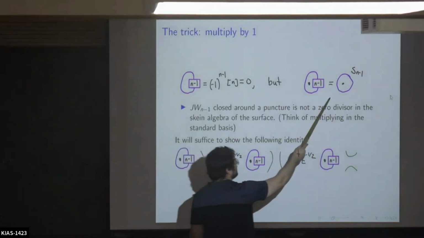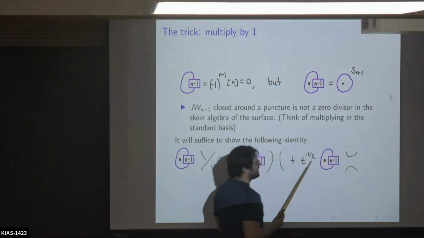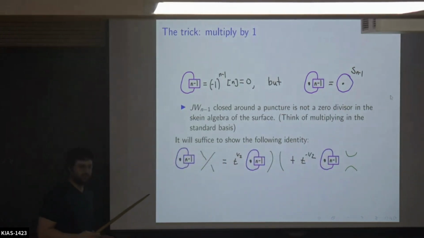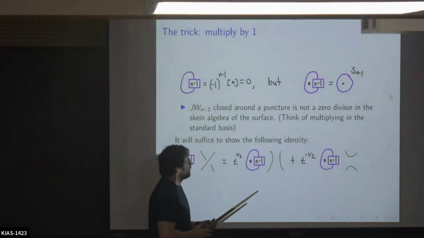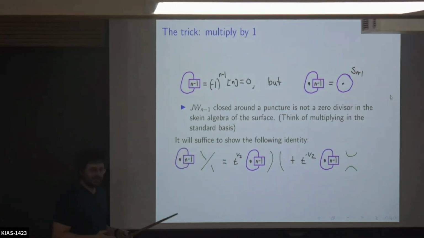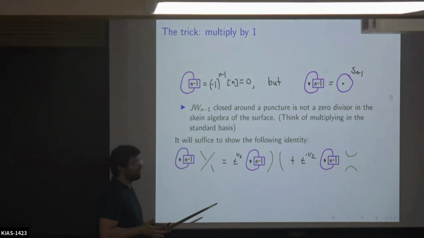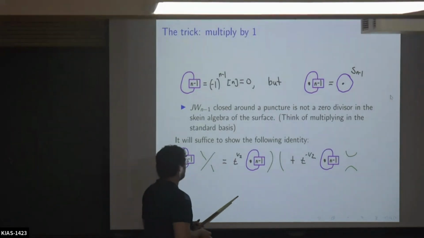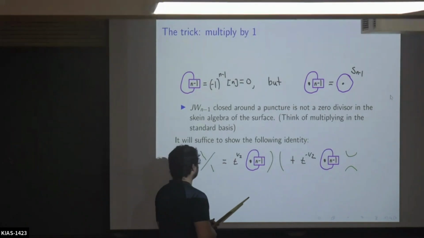And not only is this element not 0, it's not a 0 divisor in the Skein algebra of our surface. It's true that there are no non-zero 0 divisors in Skein algebras, but that's hard to see. That took work by smart people.